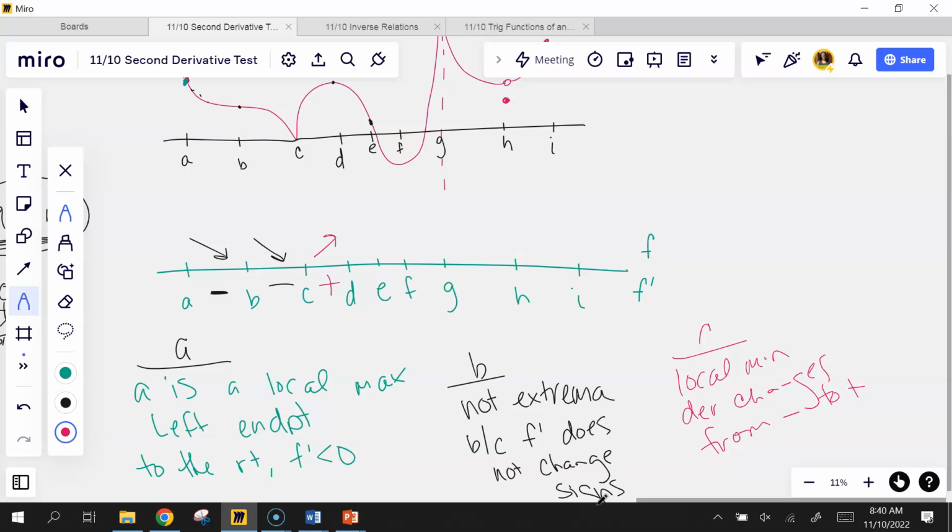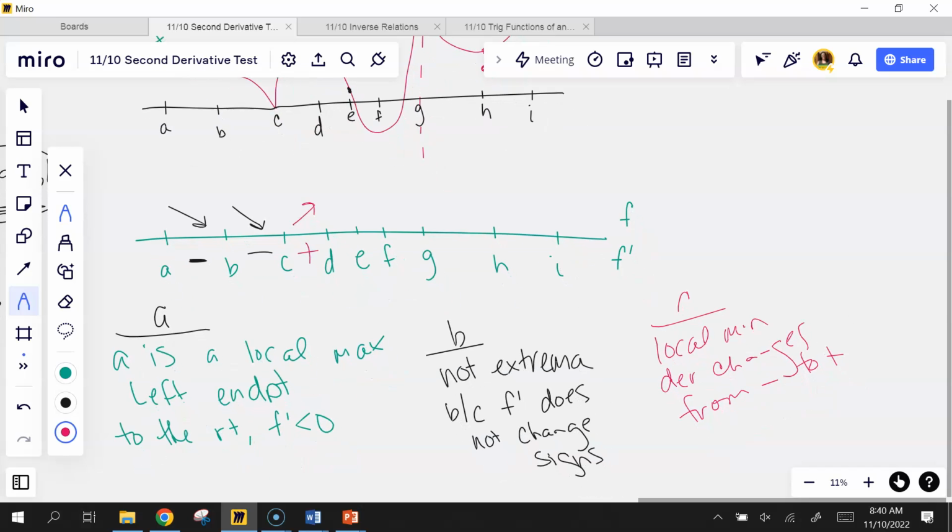What else is special about C? It's like a cusp or a corner right there. It's not differentiable. I can look at that and tell it's not differentiable. How can you tell besides it coming to a sharp point? What does it mean to be differentiable? Exactly. The slope from the left has to be the same as the slope from the right. They have to come into that same value. So I also know that C is not differentiable.